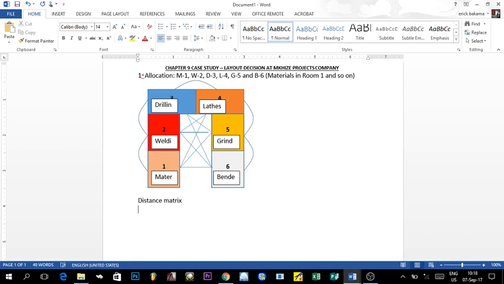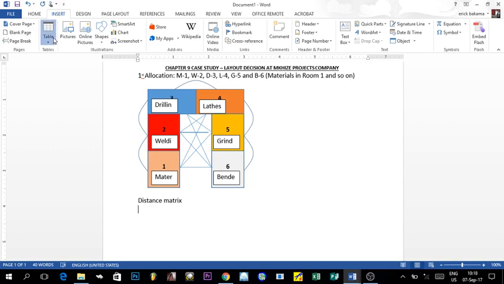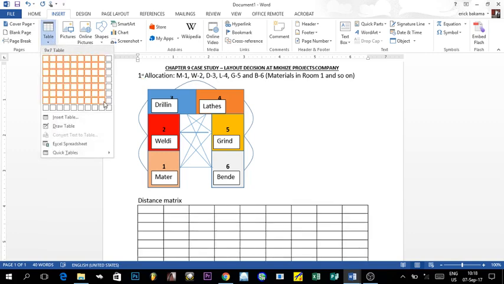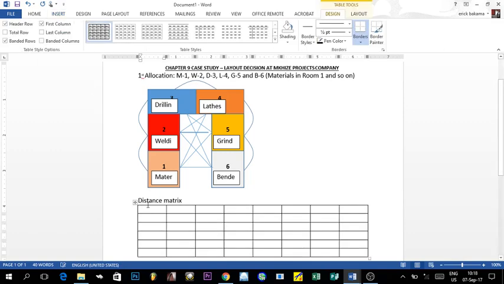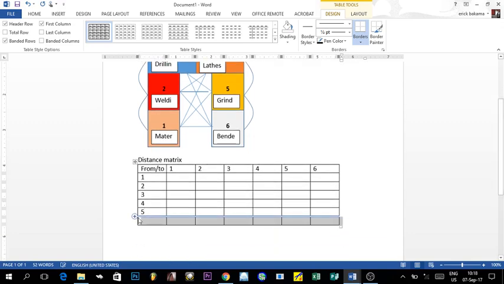This distance matrix is going to tell us what are the distances between one department to another department. And now in this case we have 6 departments. So this is the distance from, and we have room 1, 2, 3, 4, 5, 6, and then 1, 2, 3, 4, 5, and we have the last one, which is 6.